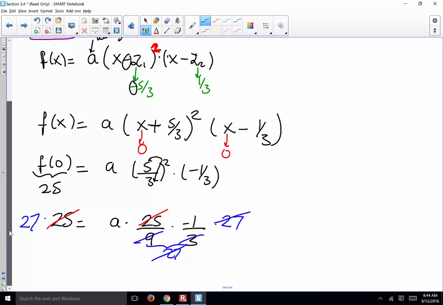And still I have a negative sign. I need to multiply both sides by negative 27 so that this negative and that negative can cancel out. So we have it. A is negative 27.